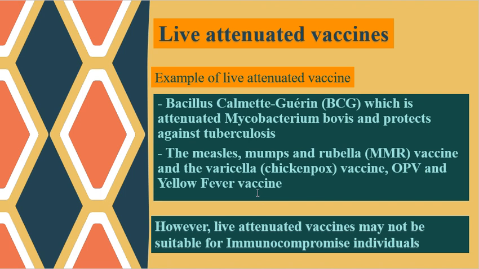However, live attenuated vaccines may not be suitable for immunocompromised individuals, for example, patients with debilitating diseases like tuberculosis, or patients with cancers, or patients with autoimmune disorders, as the pathogen may regain its virulence and may lead to a disease.